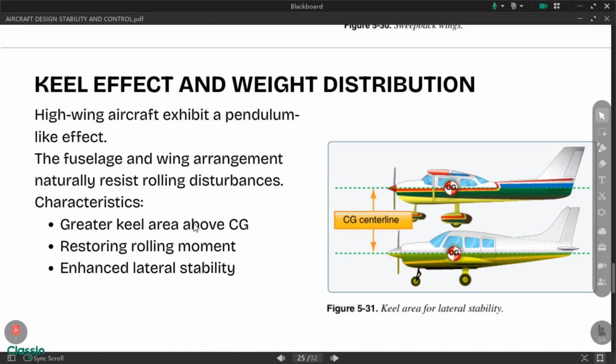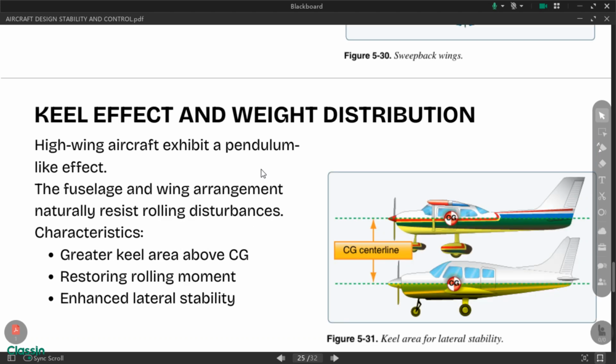So next, we also have yung keel effect and weight distribution. Another important contributor, no, yung keel effect. To understand yung keel effect, this is more apparent sa mga sailboat. Yung keel natin maintains a directional orientation by interacting with the surrounding fluid.